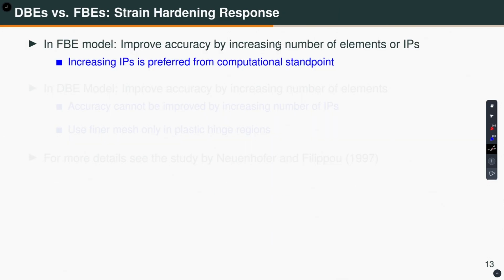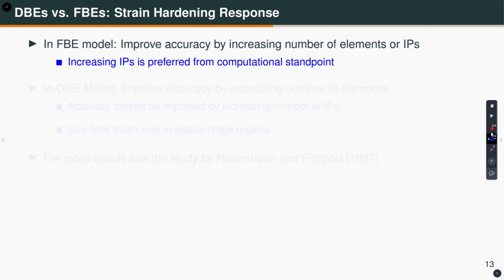Now let us conclude that in a force-based element, you can improve the accuracy in 2 ways. One is by increasing the number of elements, the other is by increasing the number of integration points, right. So number of elements or integration points, which one is preferred? Of course, increasing the number of integration points is preferred, because if you add 1 element, you are adding 3 degrees of freedom.